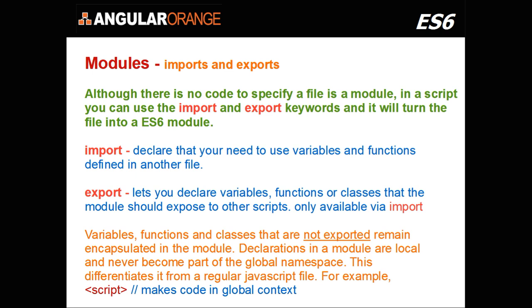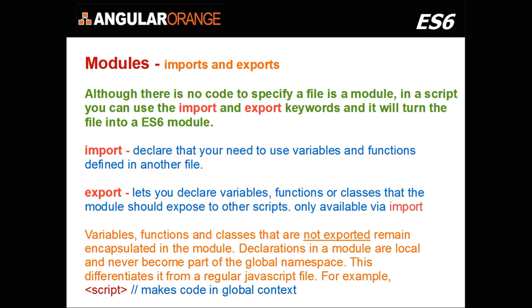For example, suppose I have a file with a variable that is not exported, and a class that is exported. Then I say, hey John, you could use this. John imports that, and he could use my exported class, but he cannot use my variable because it's not exported.